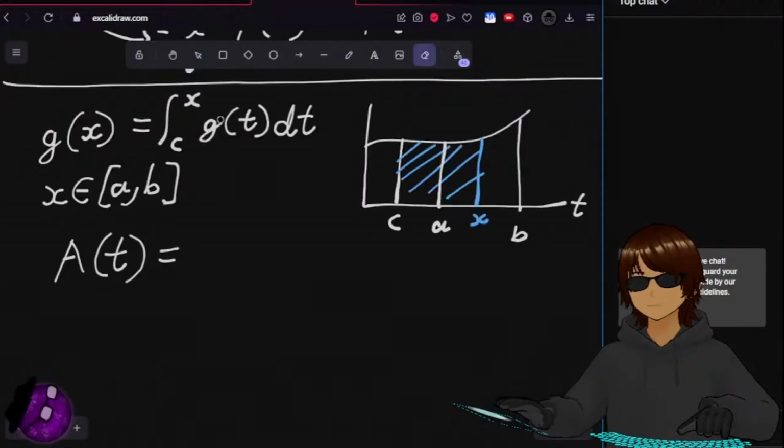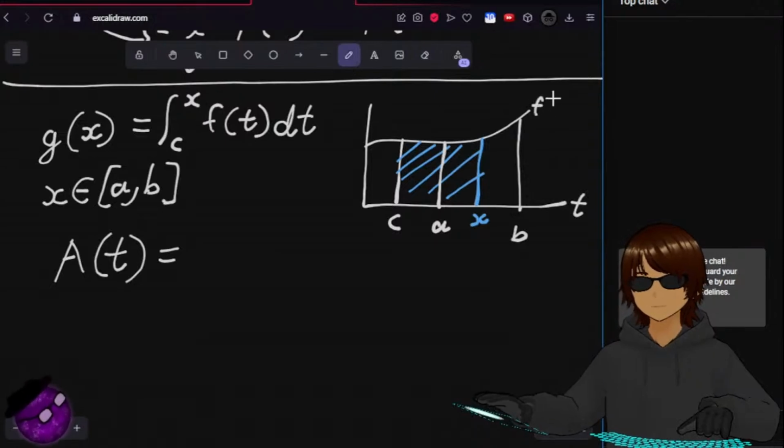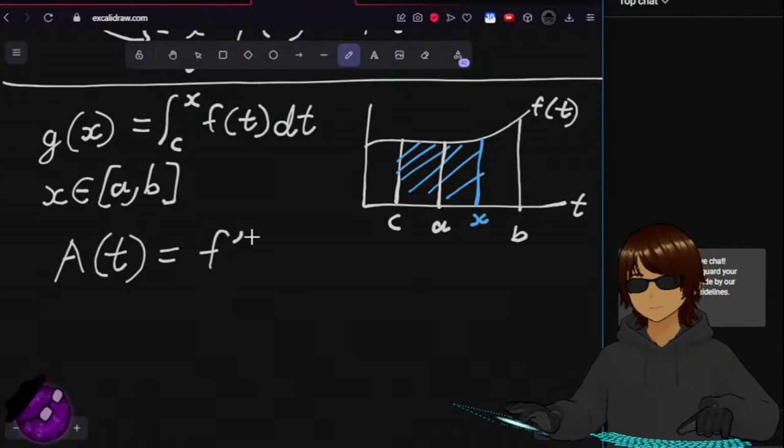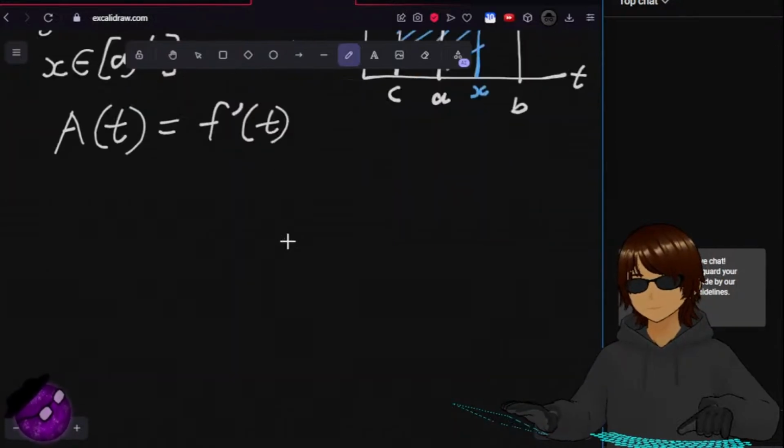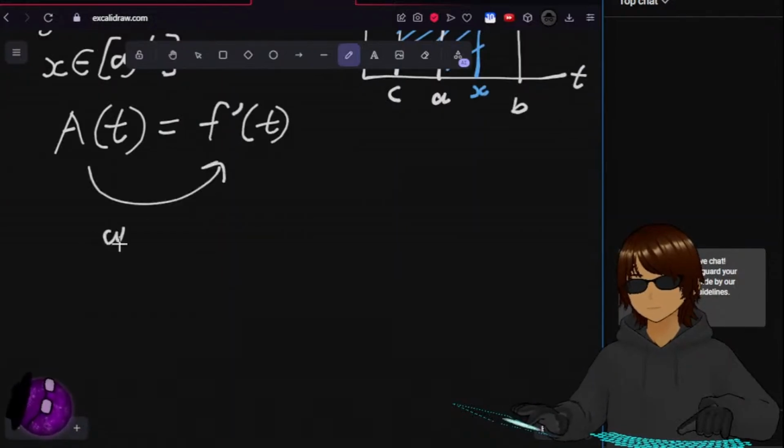Hold on, I made a mistake here. I should write the text.